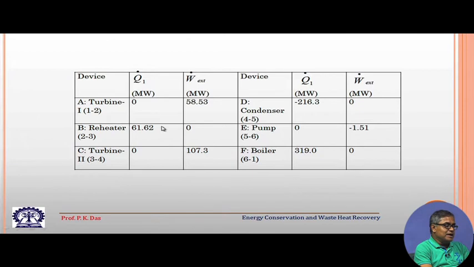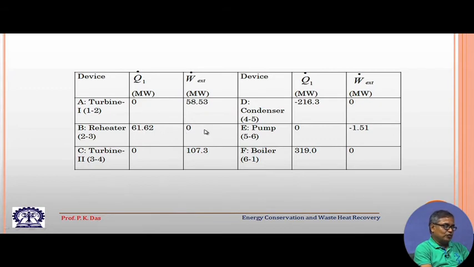In the reheater there is heat addition, and that also we can get from the enthalpy difference between 2 and 3. 61.62 megawatt is the enthalpy difference, that is the amount of heat given.